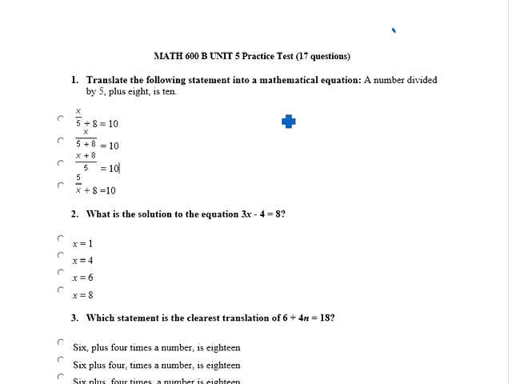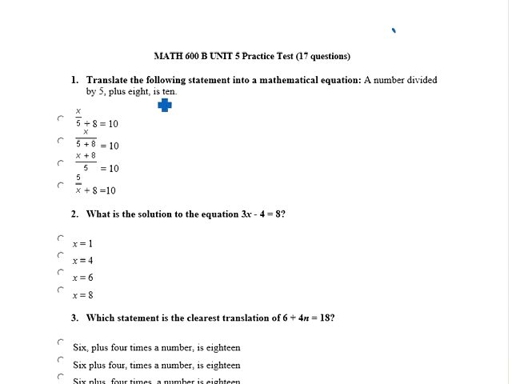So problem one, you should have a paper and pencil, and if you like using a calculator, then a calculator. But definitely do these with paper and pencil. Number one, translate the following statement into a mathematical equation. A number divided by 5 plus 8 is 10.